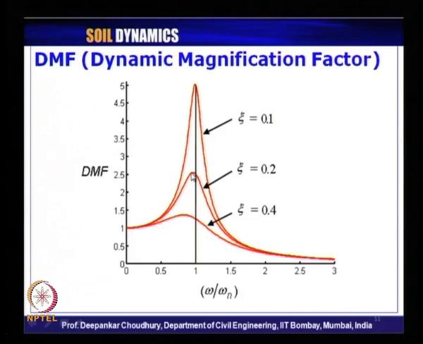So, now the peak is here, now the peak is here. With this distribution of dynamic magnification factor, we will stop here and we will continue the discussion of dynamic magnification factor more elaborately from the next lecture.